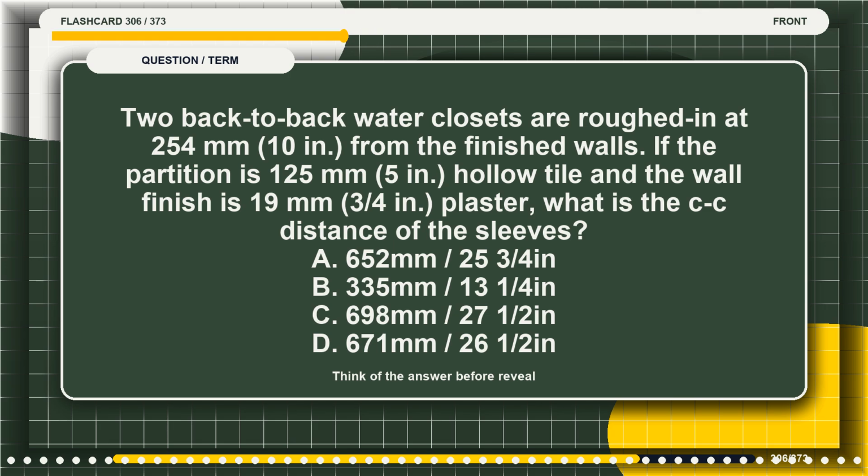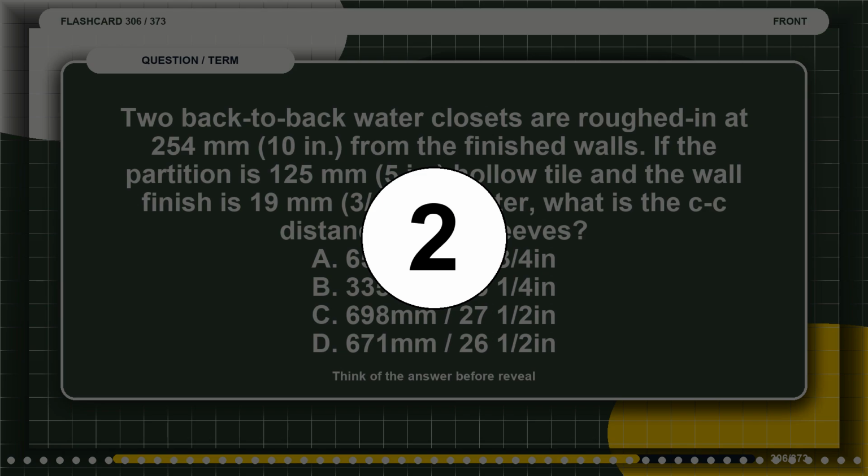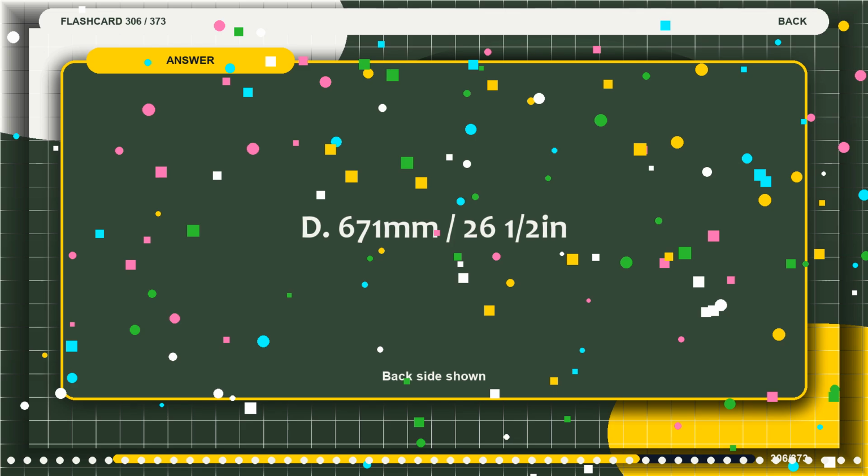B. 335 mm (13 1/4 in). C. 698 mm (27 1/2 in). D. 671 mm (26 1/2 in). Think of the answer before the reveal. The answer is D. 671 mm (26 1/2 in).